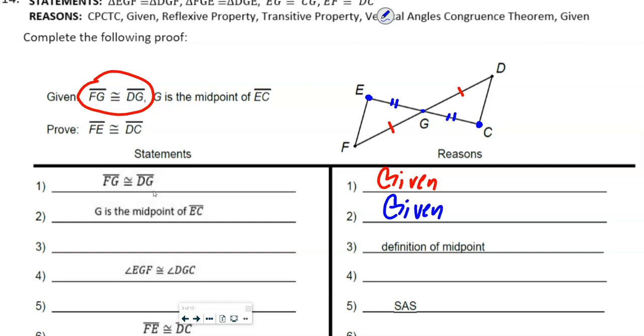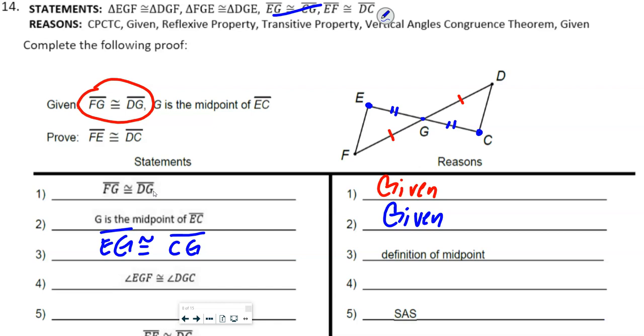And then it says definition of a midpoint. So what did we just mark in the drawing? We said EG was congruent with CG, right? That's up here, EG, CG. We have a given and another given.